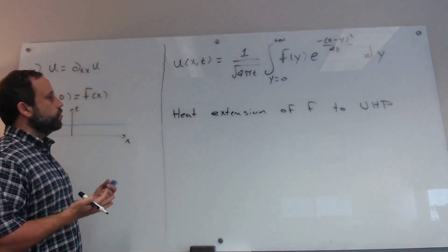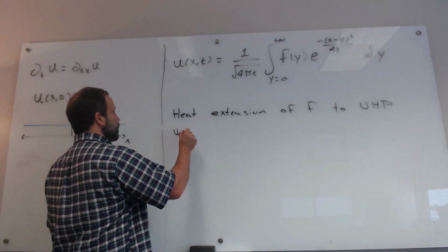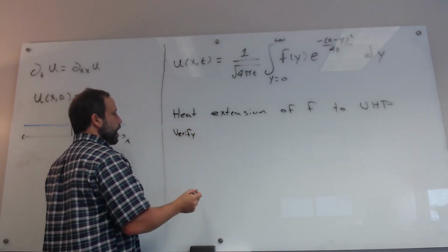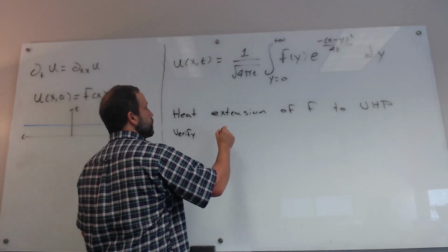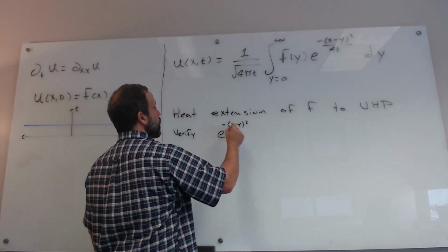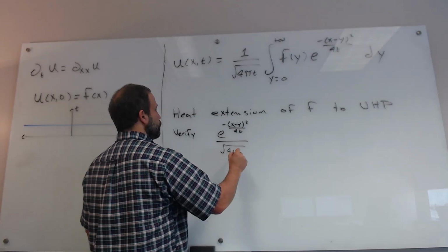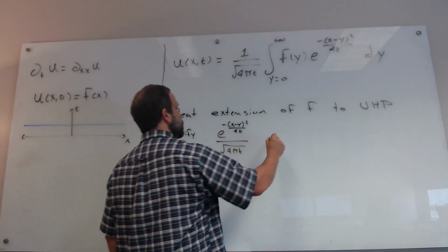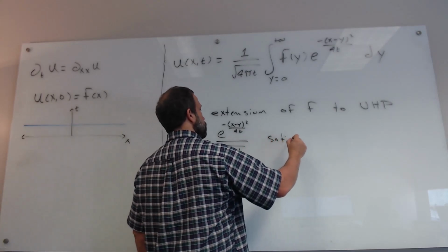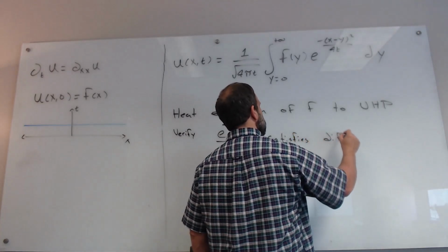To do this, verify that the function e to the minus (x minus y) squared over 4t, divided by the square root of 4 pi t, satisfies the diffusion equation.